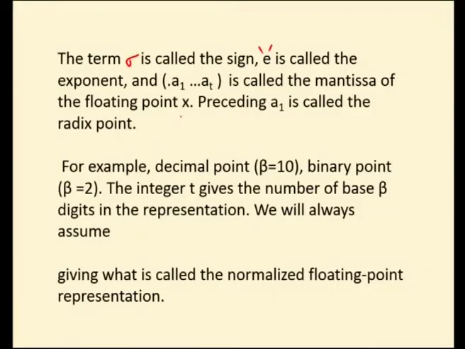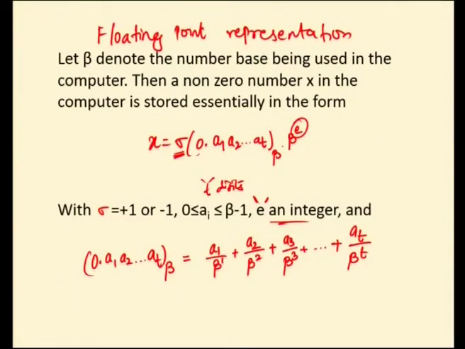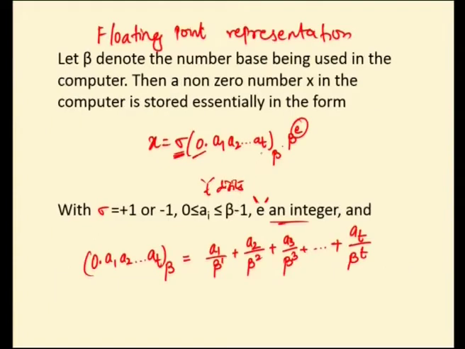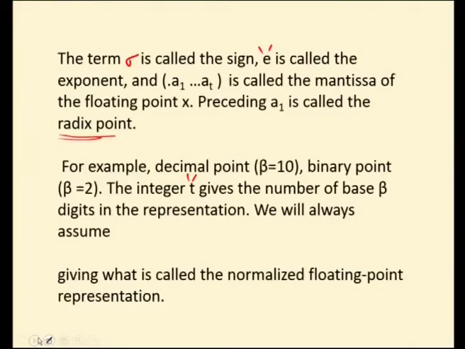The point preceding a1 is called the radix point. Here, particularly 0 is the radix point. For example, for decimal beta is equal to 10, for binary beta is equal to 2. The integer t gives the number of base beta digits in the representation.